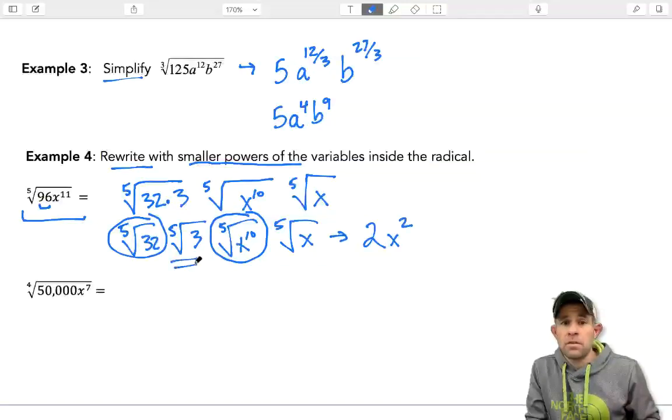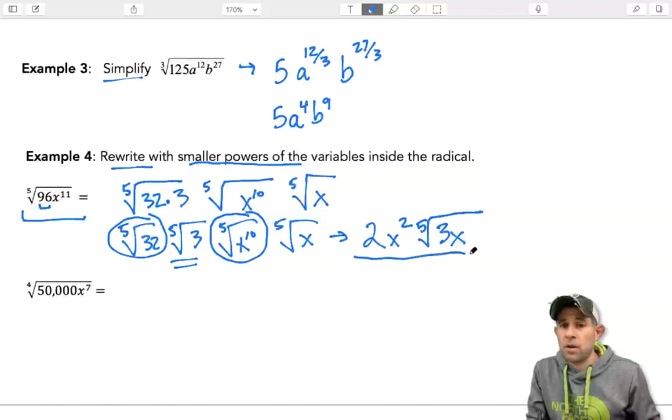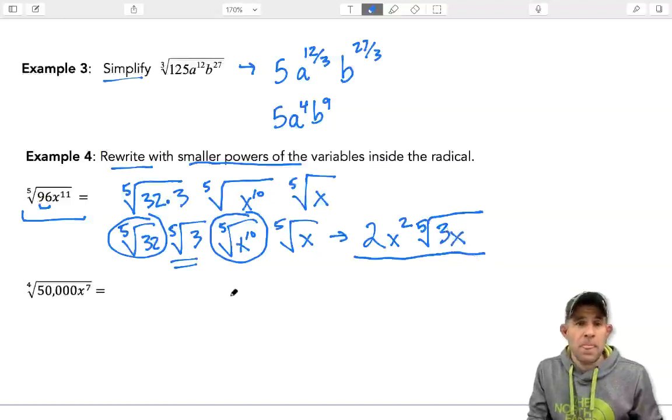However, the other two, the fifth root of 3 and the fifth root of x, we cannot simplify any further. So what we have to do is put them back together under the radical, and that's the fifth root of 3x. So our final answer there is 2x squared times the fifth root of 3x.